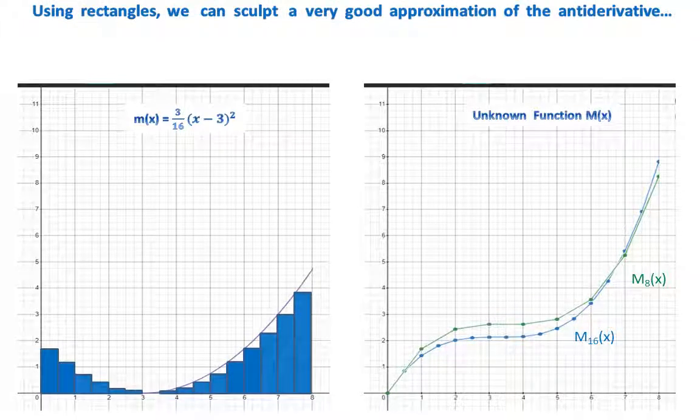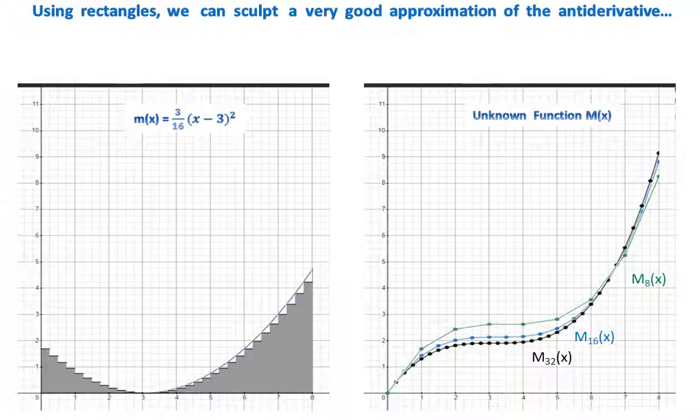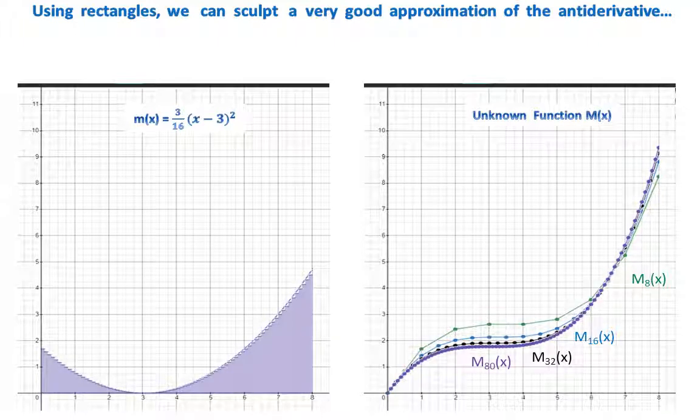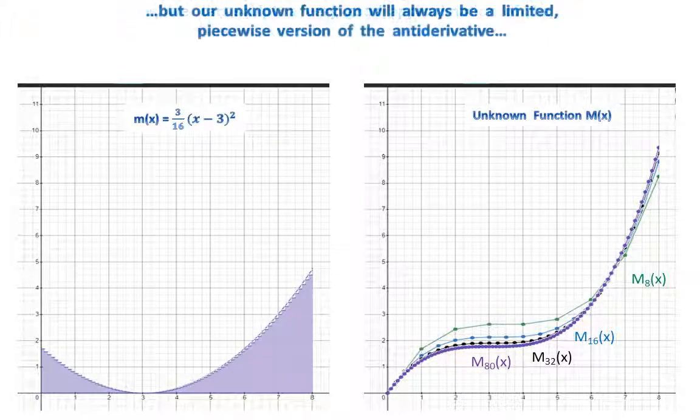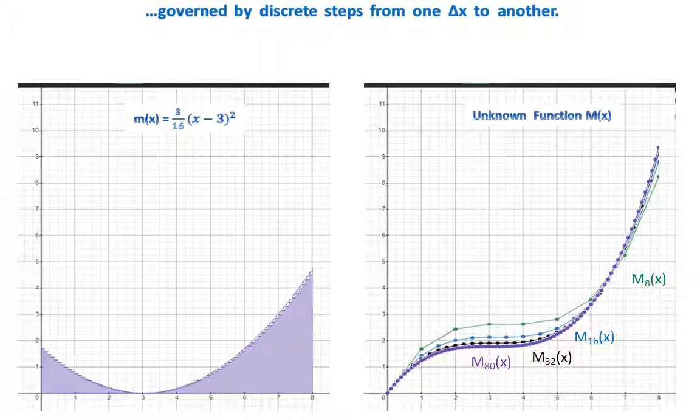Using rectangles, we can sculpt a very good approximation of the antiderivative. But our unknown function will always be a limited piecewise version of the antiderivative, governed by discrete steps from one delta x to another.